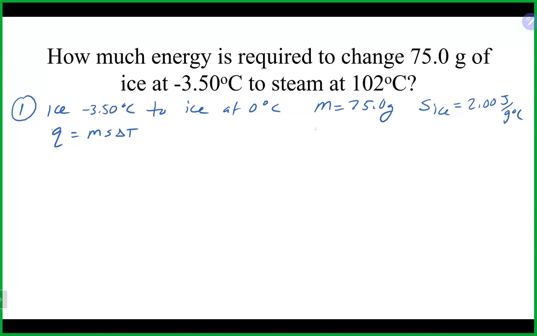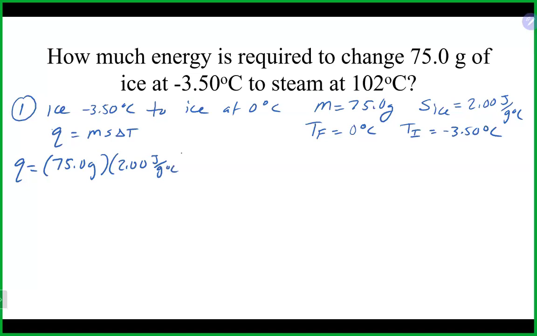We have our final temperature of 0 degrees Celsius, and we have our initial temperature of minus 3.5 degrees Celsius, right? So if we put this into here, our Q will equal 75 grams, times our specific heat capacity for ice, times our final temperature, which is 0, minus our initial temperature, negative 3.5 degrees Celsius.